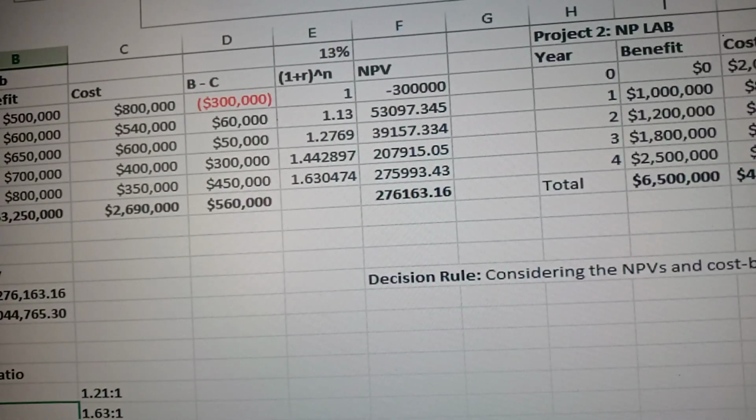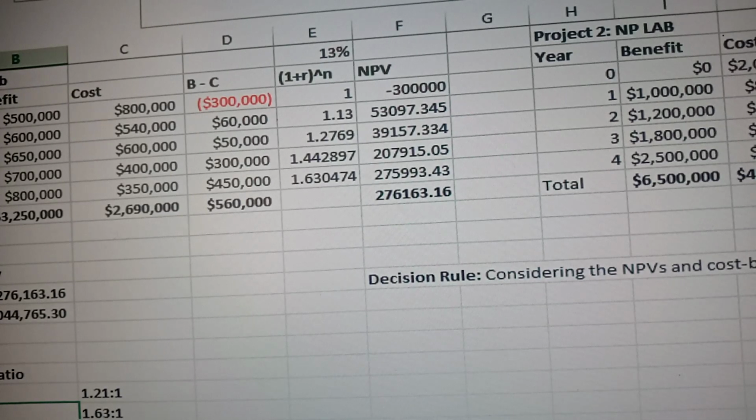So in order to solve this problem using the data that was given to us, we open a spreadsheet. With the help of the spreadsheet, we can analyze the given data and come out with a solution. So what we do is we consider the data given to us for project 1.